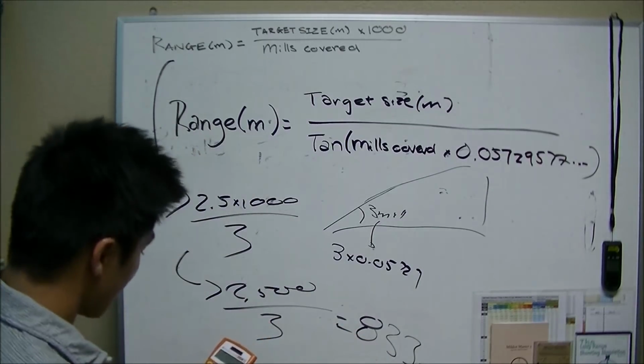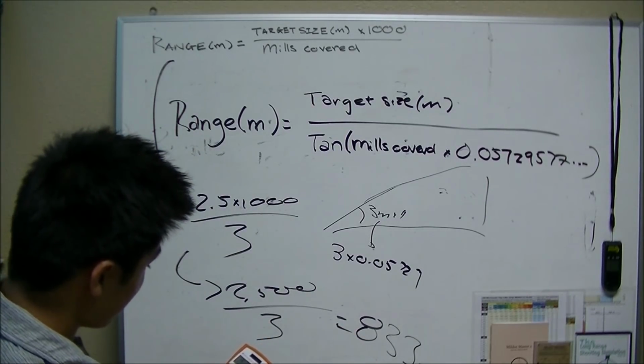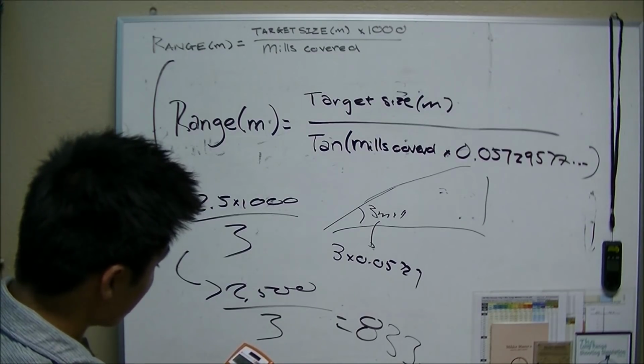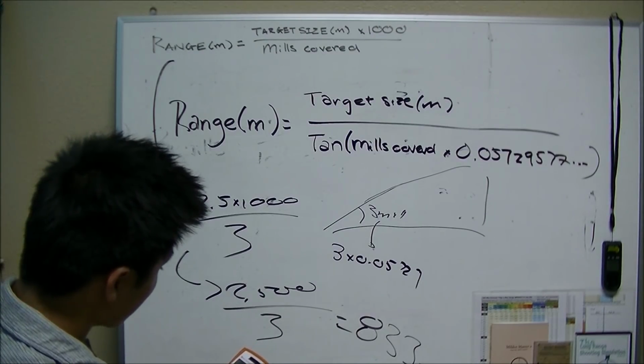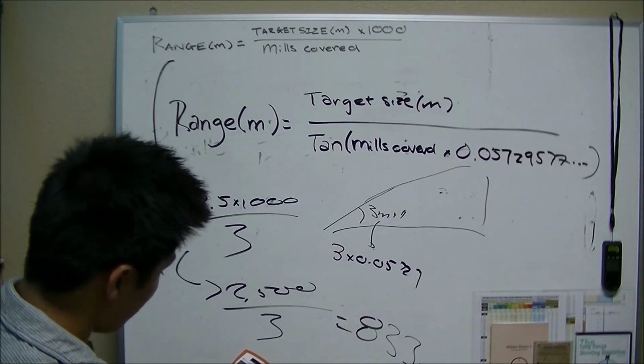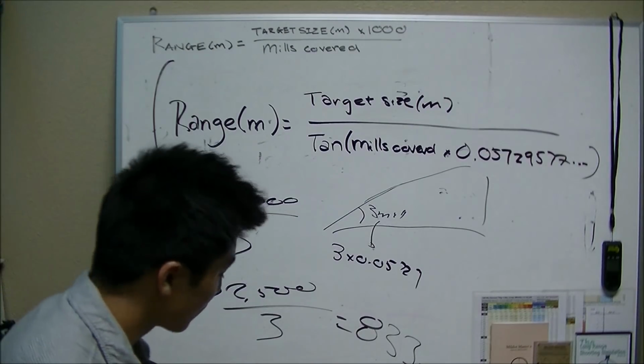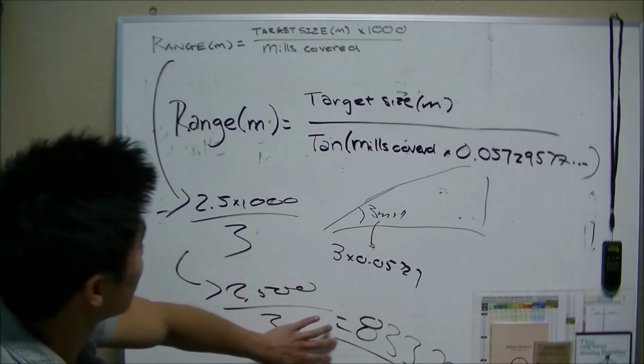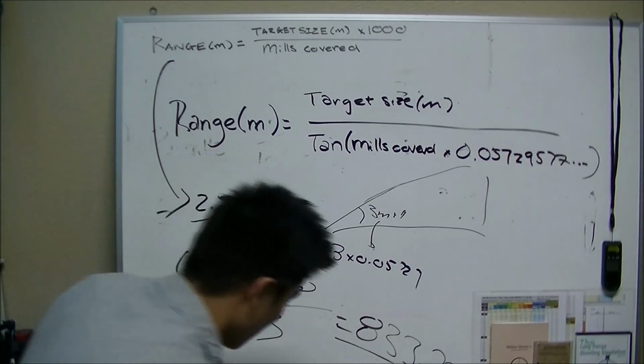Let me do that real quick. Sorry. Yep, 833.333, and there we go. So this one and this one correlate. Perfect, right?